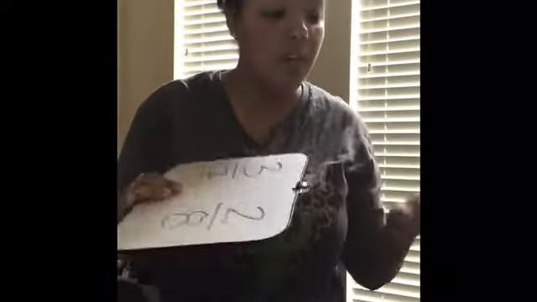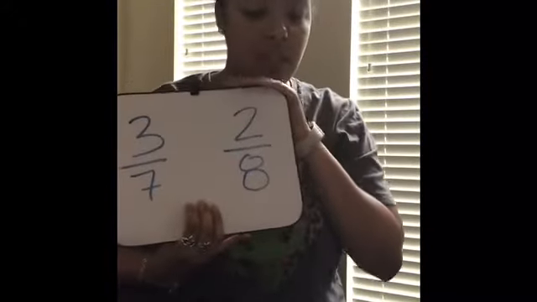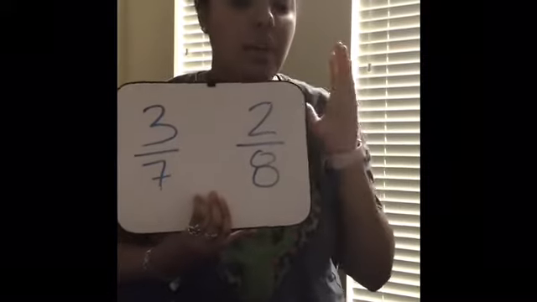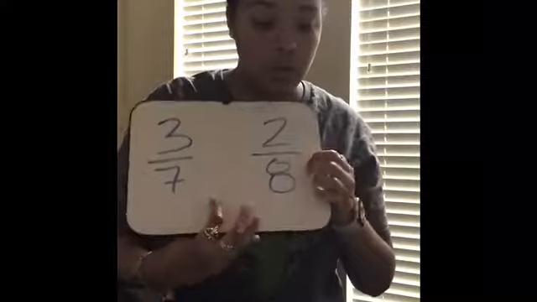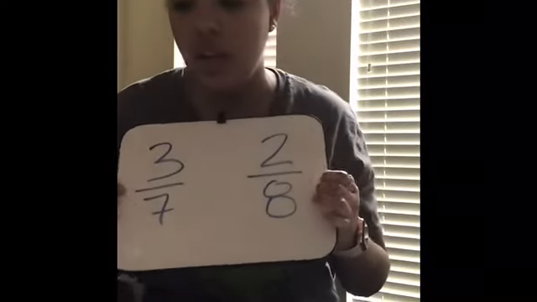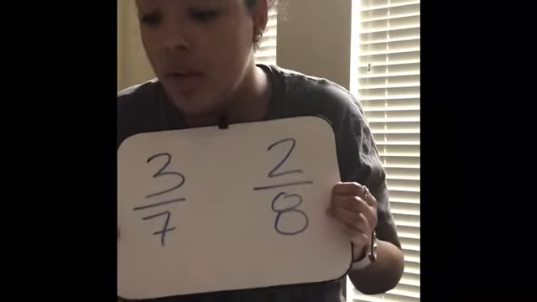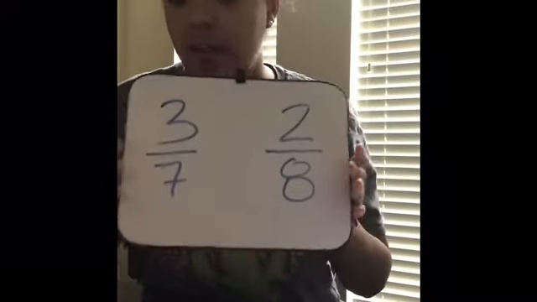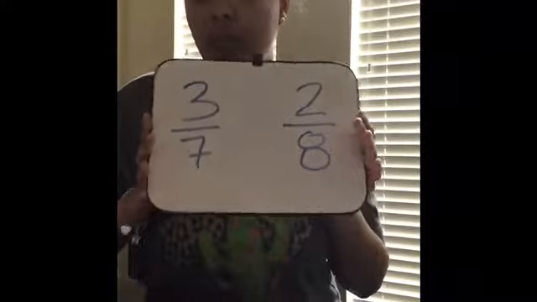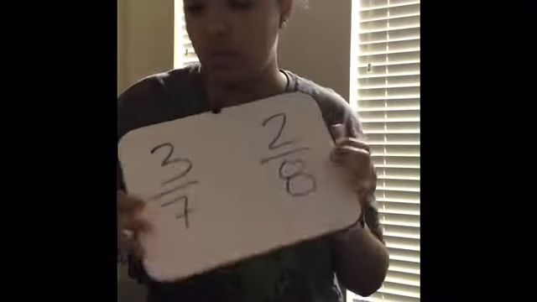So can we use benchmark fractions with this? Would that be the best strategy to use? Probably not. These numbers are both less than half, and they're not close to 0.